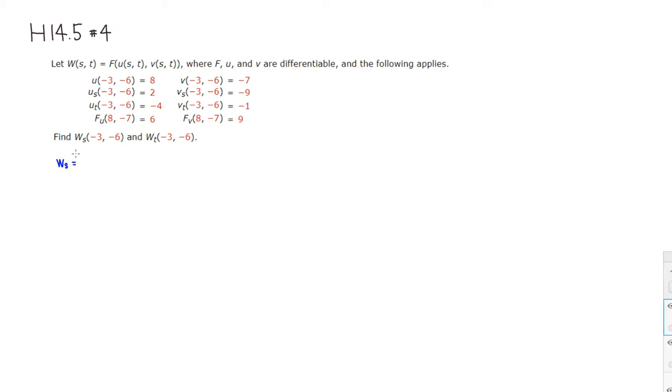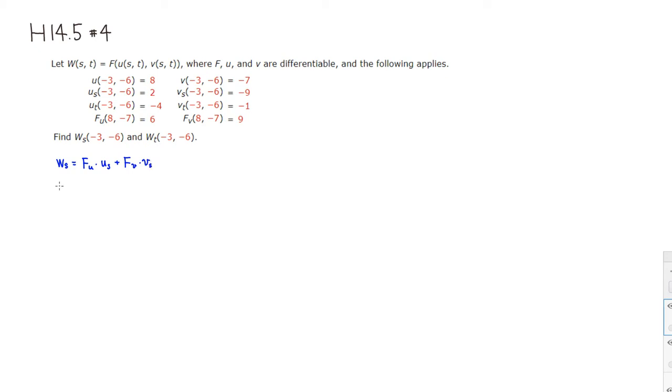So w is a composition of f and u and v. What we need to do is take the partial derivative of f with respect to u and multiply by the partial derivative of u with respect to s, plus the partial of f with respect to v times the partial of v with respect to s.